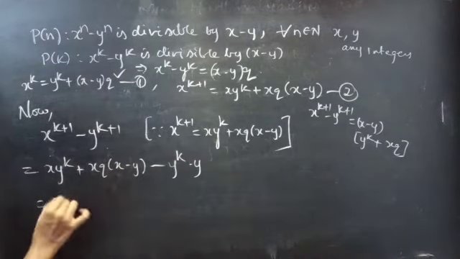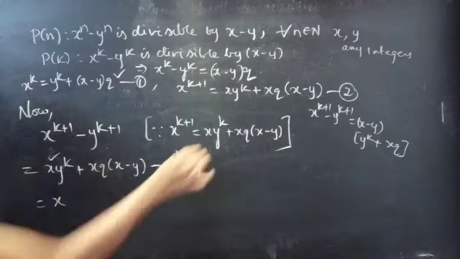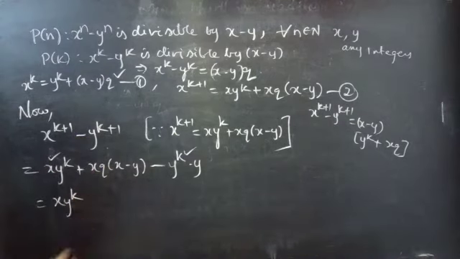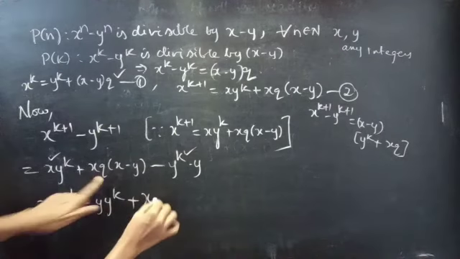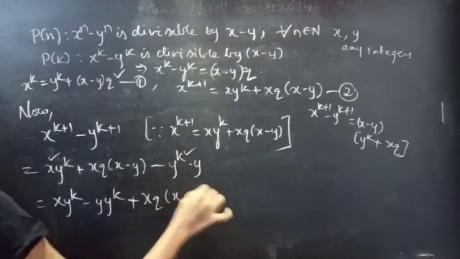Now write the terms involving y power k, x into y power k minus y into y power k, and the remaining term x cube into x minus y.